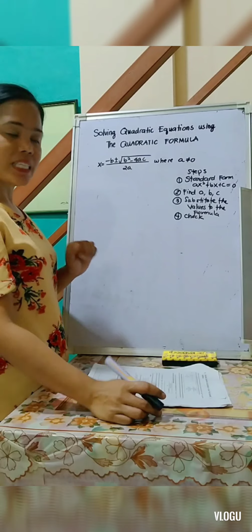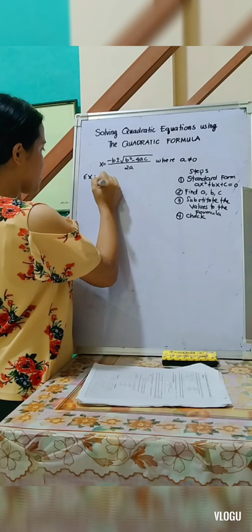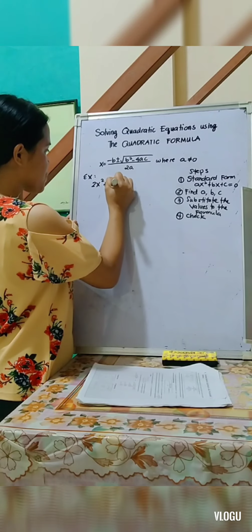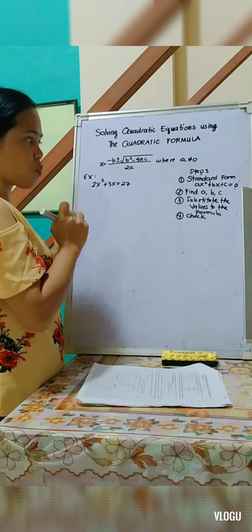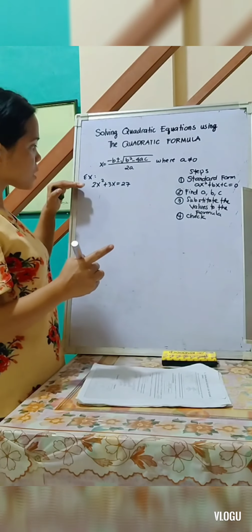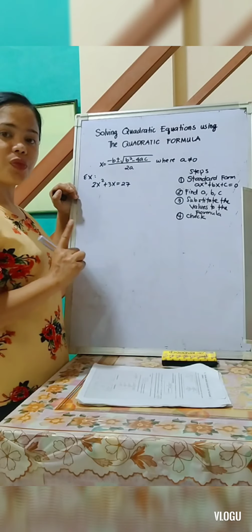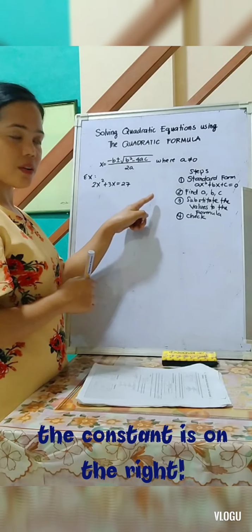Alright, so let's have this as an example. We are given 2x squared plus 3x equals 27. So step number 1, I arrange the equation to its standard form. Now, is this in the standard form? No. Why? Because our constant is on the right.